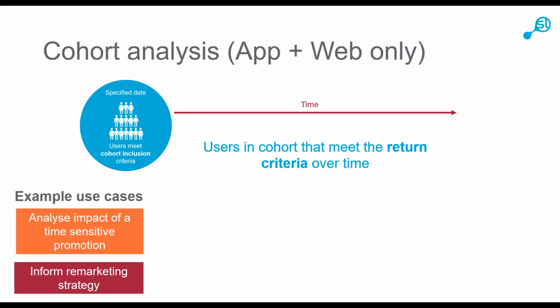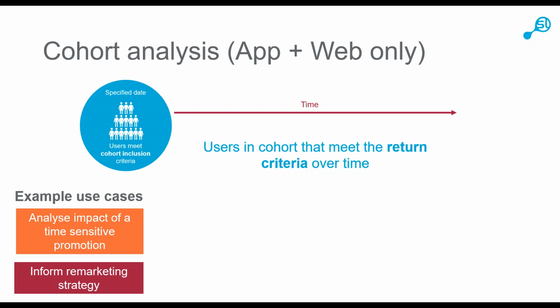Use cases for this analysis could be, if you've got a time-sensitive promotion, so you might have a weekend special or a big push on downloading a given resource, then you can understand what those users did over that period over the subsequent days or weeks or months.